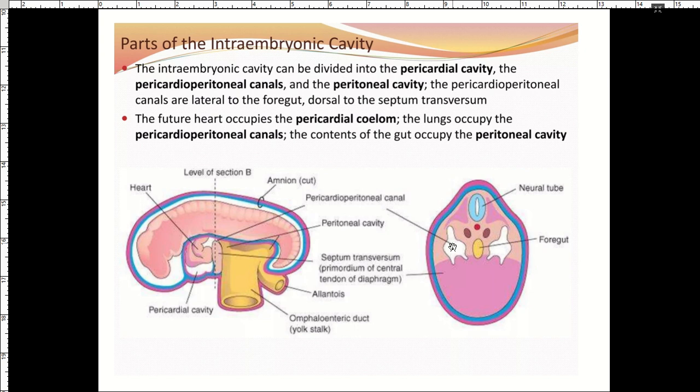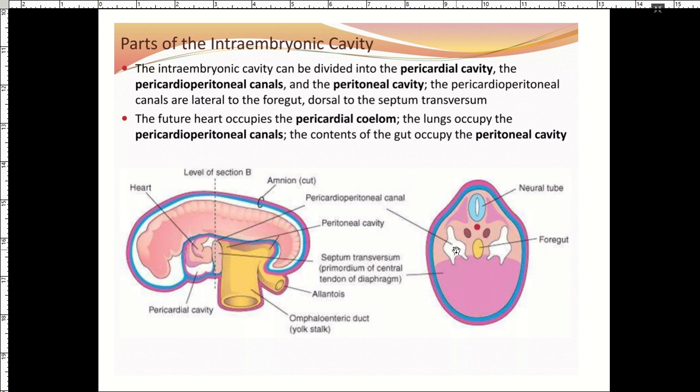And then we are going to have the development of the lungs as well as the development of the diaphragm that are going to separate the intraembryonic cavity into three cavities: the pericardial cavity, the pleural cavity, and the peritoneal cavity. Right. So the pericardioperitoneal canals are lateral to the foregut, but dorsal to the septum transversum.